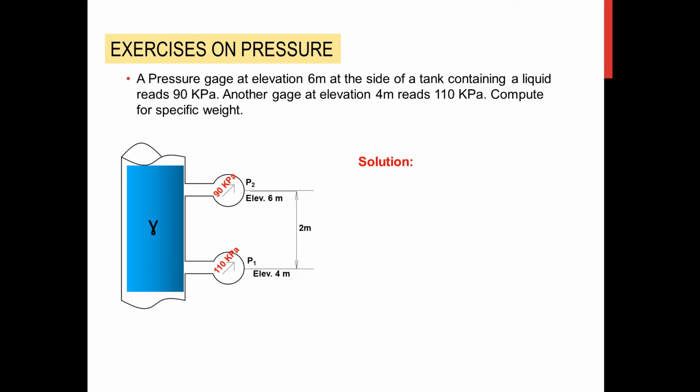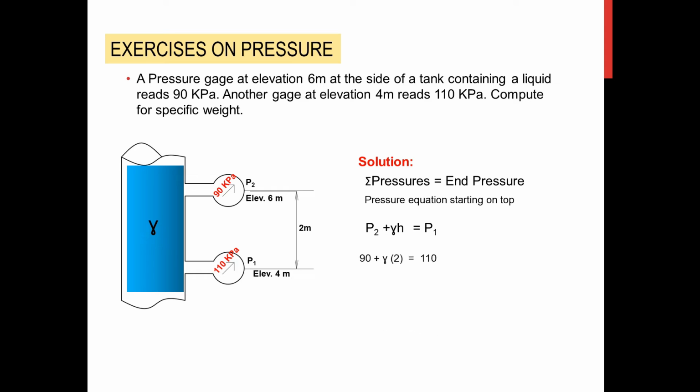Then proceed with the solution. Again, we apply summation pressures is equal to the end pressure. Writing the equation starting on top, we have P2. We are going down towards P1, so that is plus gamma H is equal to P1.